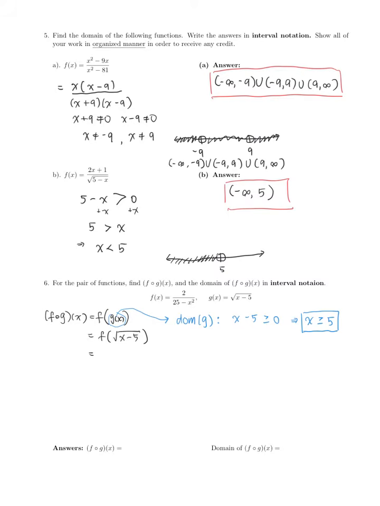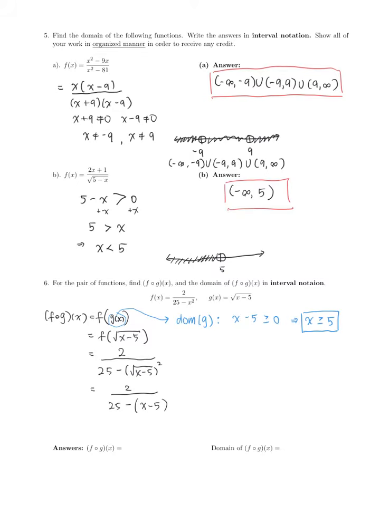Now, f of square root of x minus 5, so this is going to be 2 over 25 minus square root of x minus 5, whole thing squared. Which is going to give us 2 over 25 minus, make sure to put parentheses here. When you square the square root, you just get x minus 5.